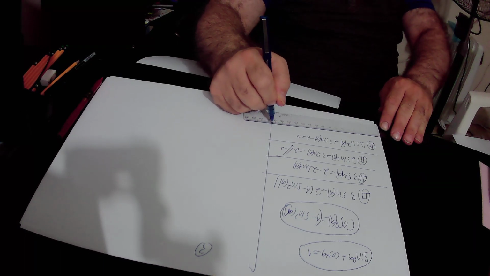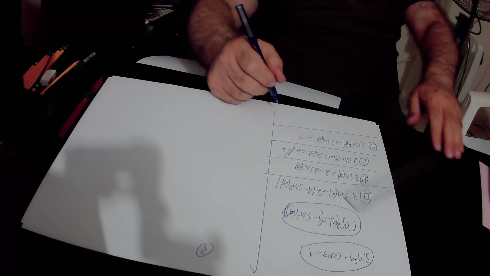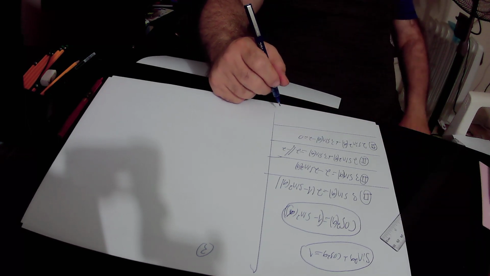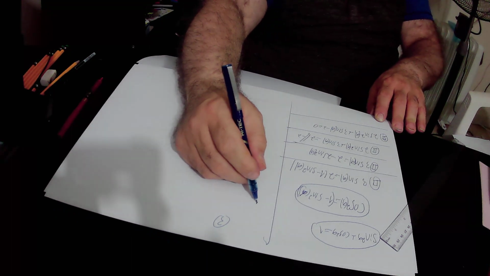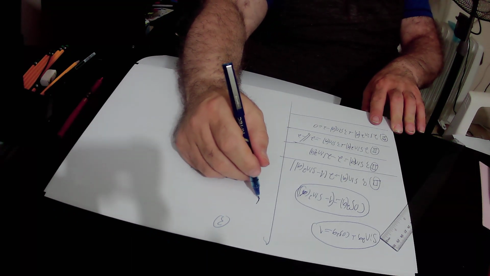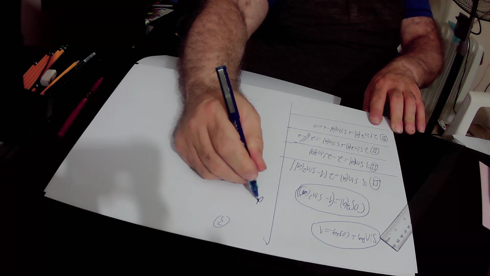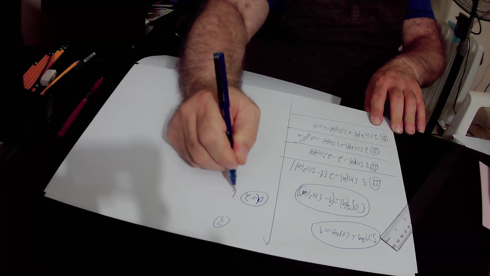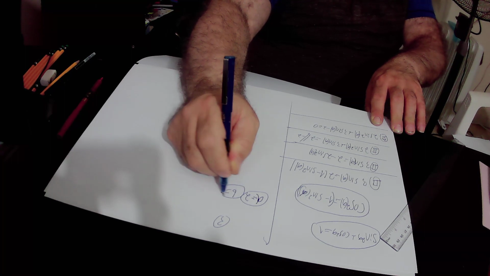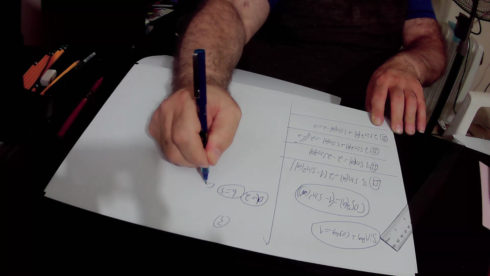So here we have a quadratic equation, and the coefficients of this quadratic equation are as follows: the coefficient A equals 2, the coefficient B equals 3, and the coefficient C equals minus 2.